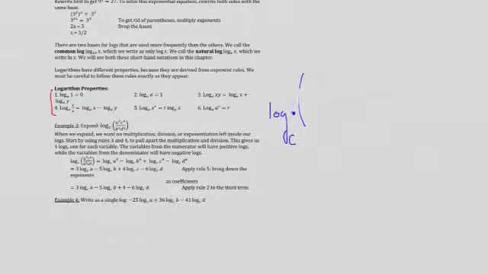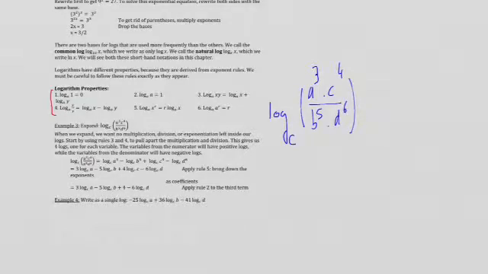Okay, so the first thing I want to do is put my base, and then I'm going to have a cubed times c to the 4th divided by b to the 5th times d to the 6th. So what do you see right here? It's very simple.